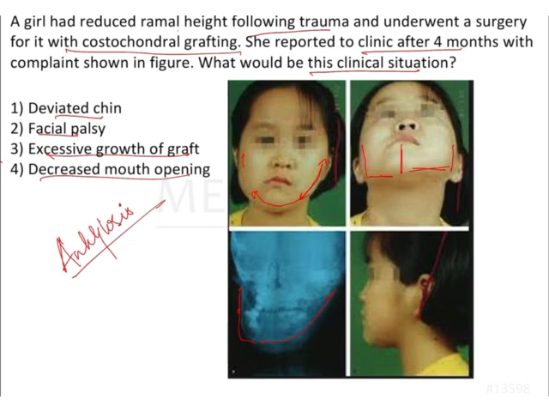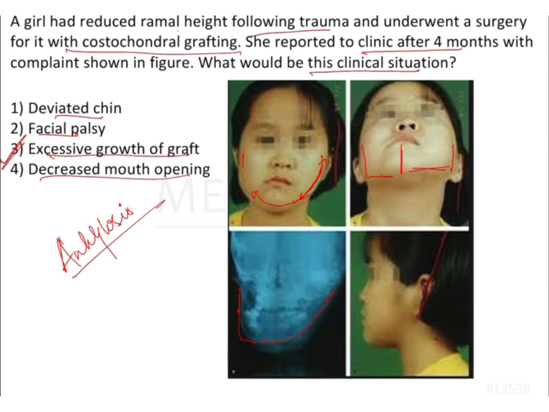In this situation, the answer would be excessive growth of the graft, because the costochondral graft has excessive growth potential. It has a very high ability to replicate, or sorry, to multiply, and that is the reason why there would have been excessive growth of the mandible in this region, because the graft has grown severely as opposed to normal growth.